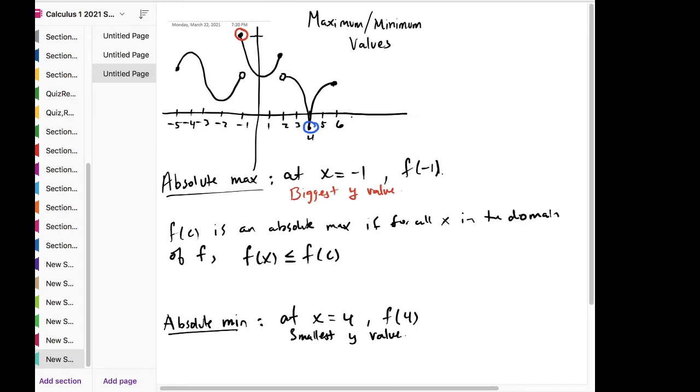So is that true for this one? Look at all other x values: f of -2, f of -5, f of 3, all those f of x's are always less than f of c. That's what makes f of c maximal.